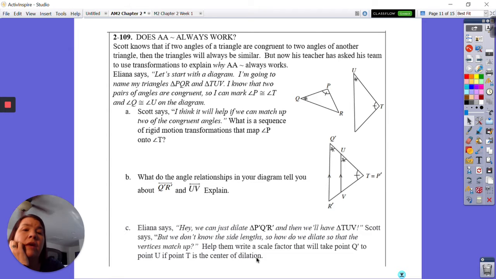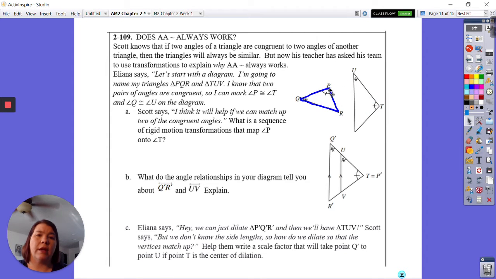So how did we get from this image to that image? What did we do to this triangle to get it to look like that triangle so that P and T were in the same place? I'm going to take my triangle and move it.